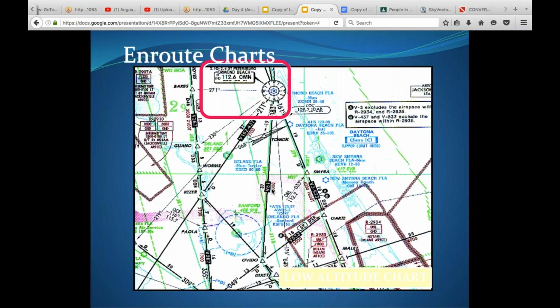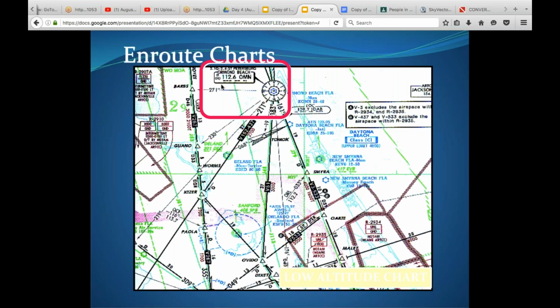The D in the top left corner signifies that this VOR is equipped with DME. Does everybody see where I'm talking about? That D right in the top left corner of that box. The H just below it identifies it as a high VOR.